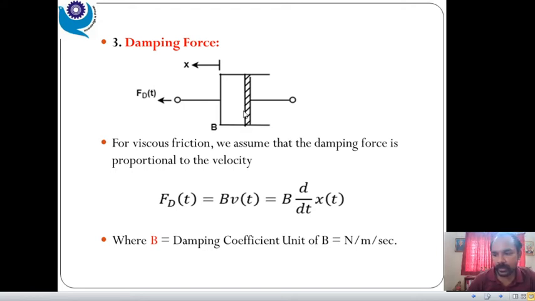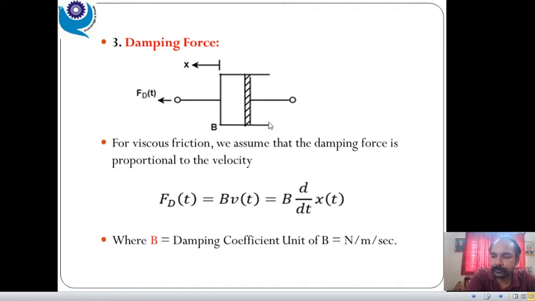Friction will oppose the motion of mass, and the opposing force is directly proportional to the velocity of mass over here. When we apply force in the direction, there is a displacement in the same direction, so this dashpot will oppose this motion.